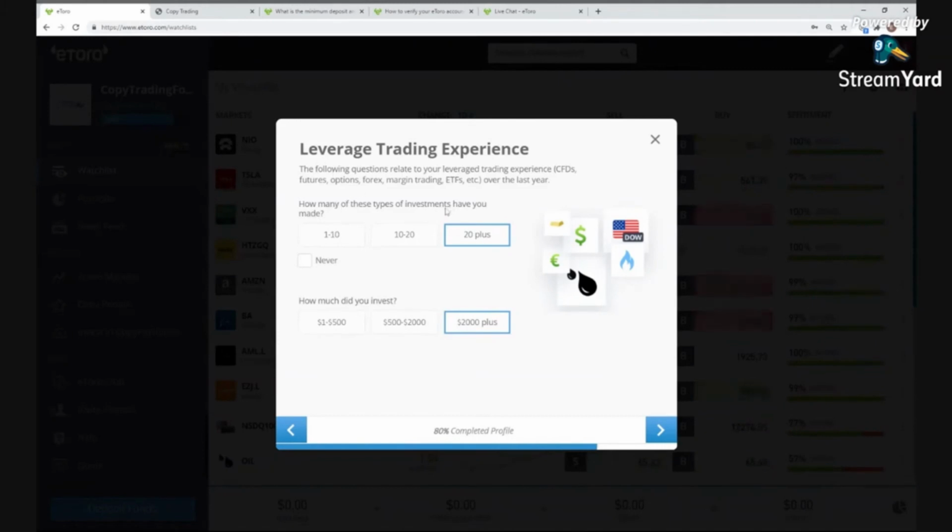How many investments? The following question relates to leverage trading experience, CFDs, futures, options, forex, over the last year. How many types of investments have you made? With leverage, I've only used leverage less than 10 times, so 1 to 10, and I don't use leverage anymore.